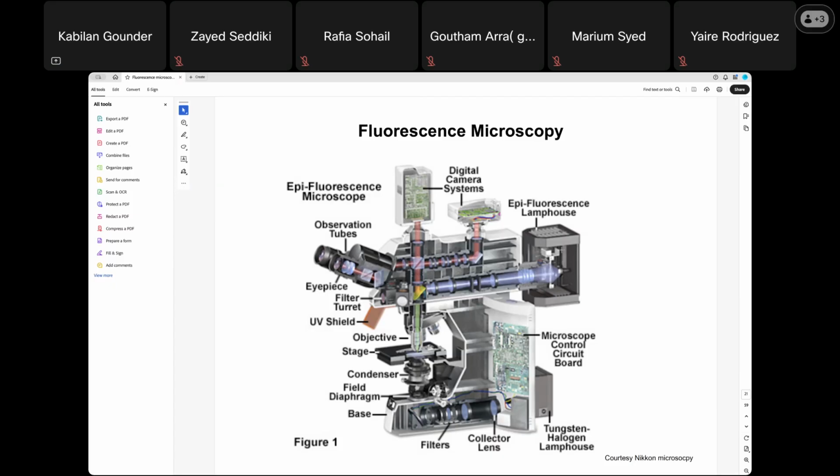Based on that, the places of the objective lens, condenser lens and other components are assembled differently. But these are typical components: fluorescence lamps, filters, collector lenses, the tungsten halogen lamp house, the circuit board, the shield to protect from UV when you observe, and then the objective lens, stage, and the eyepiece or ocular lens. So these are all the basic components of the fluorescence microscope.